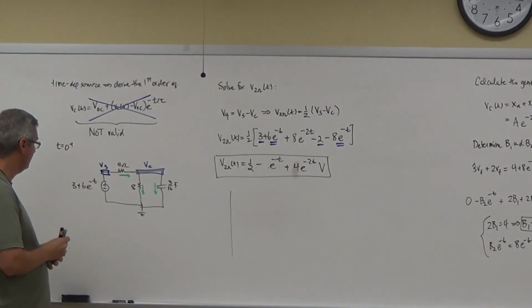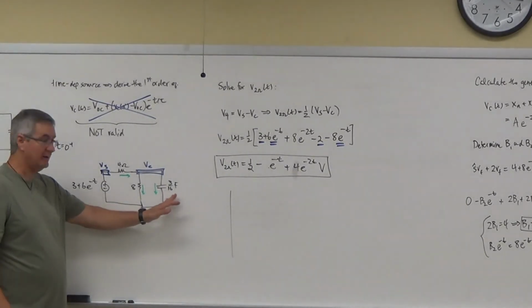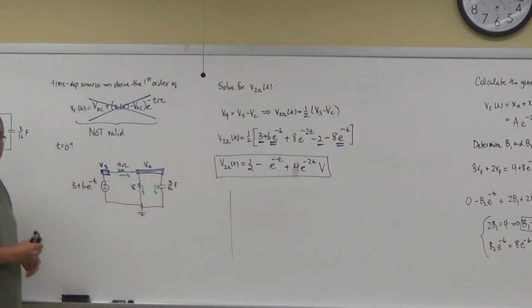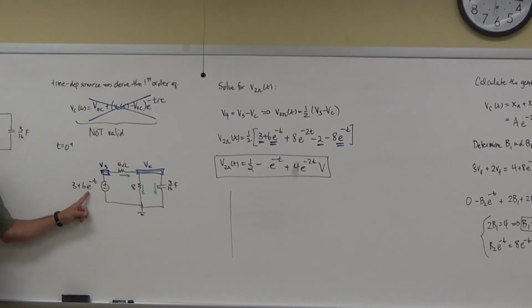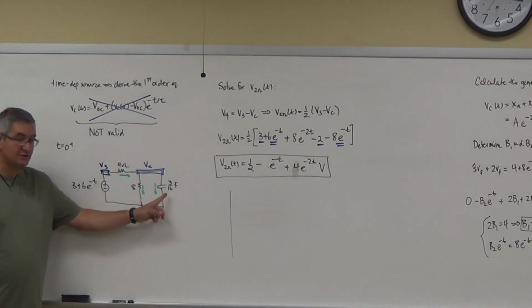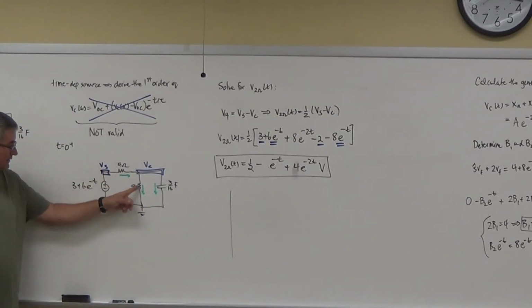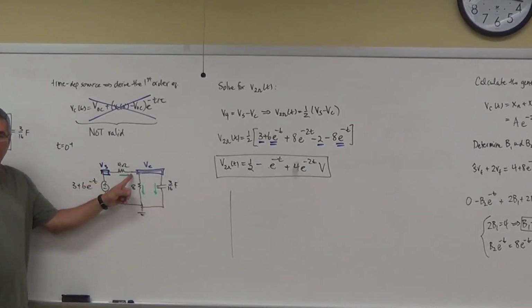Initially, this is 2 volts. Maybe I'm making too many steps. Let's see if we can do this without rewriting it. At t infinity, we agree that this guy's gone. This guy's in open, and we already calculated that this was 2 volts. So if I do a KVL around like this, if this is 3 and that's 2, that has to be 1 volt.